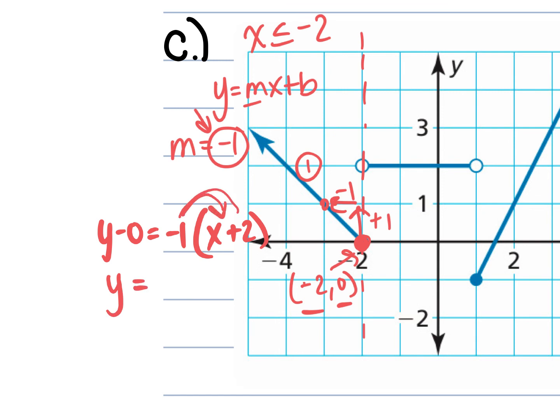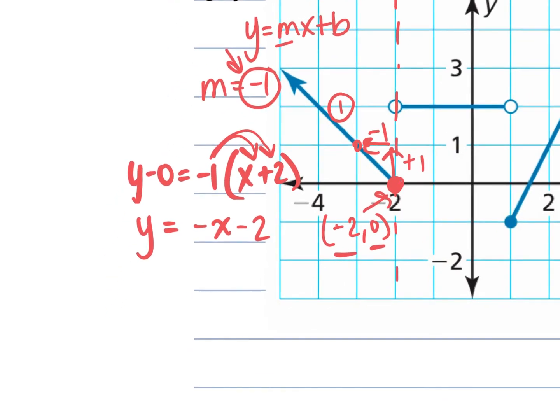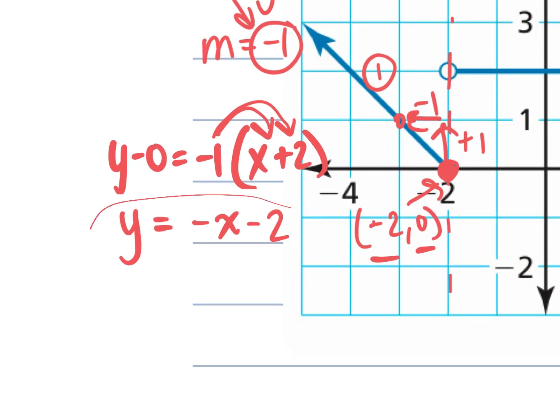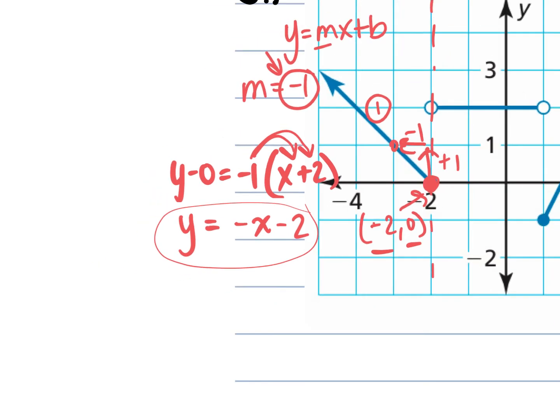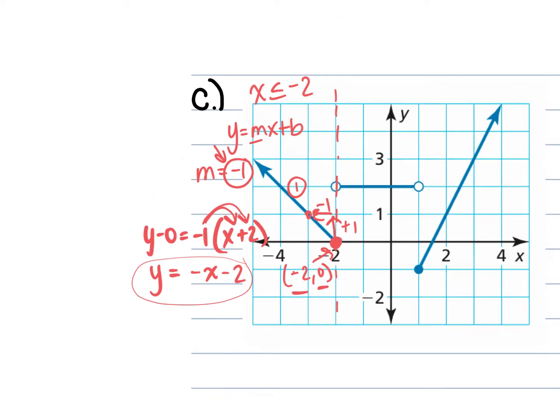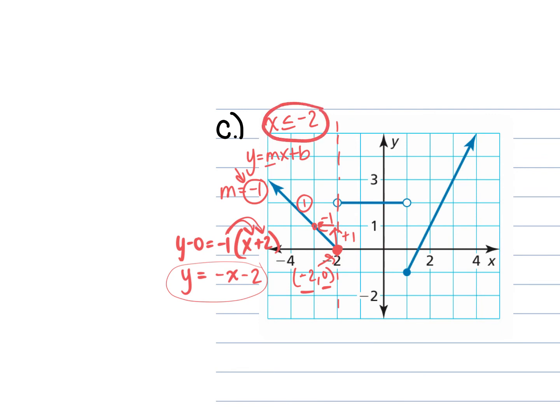Distribute that to both terms, so it's going to be negative x minus 2. You're just changing the sign. So this is our equation. Normally you add something over or subtract something over from the y side, but in this case it was subtracted by 0, and y minus 0 is just y because you're subtracting nothing from y. Okay, so we did the first piece. We have a limit on x and we have an equation for the function. Let's do piece number 2.